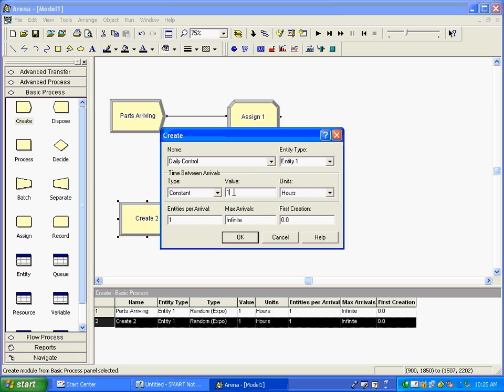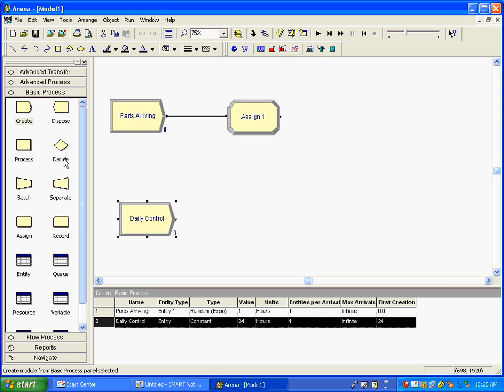They should come in 24 hours apart, and the first creation would be delayed for 24 hours. So this would come in at the end of every day. The first arrival would not occur until the end of the first day.